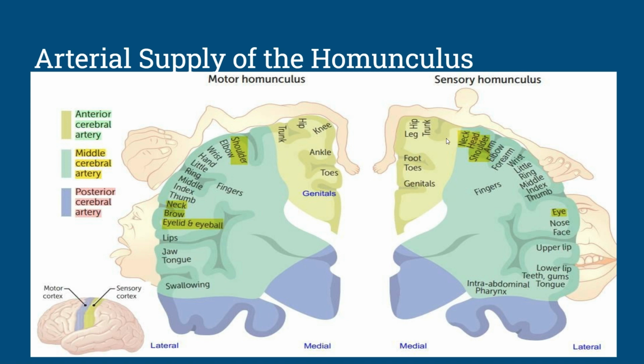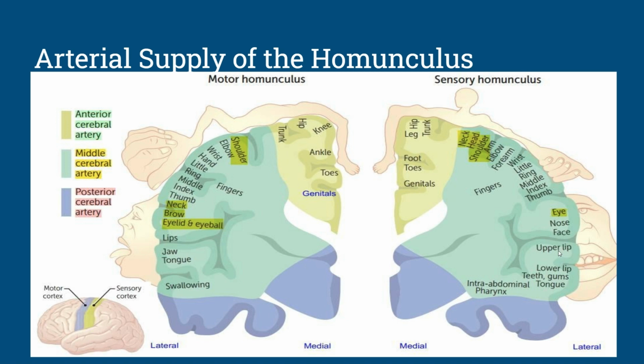So both the sensory and the motor homunculus are partly supplied by the anterior cerebral artery. The second one is the middle cerebral artery. Remember this color? You see these colors right here. Another major part of the homunculus is supplied by the middle cerebral artery, starting from the shoulder, elbow, and going all the way down to the swallowing portion, which is basically the larynx.